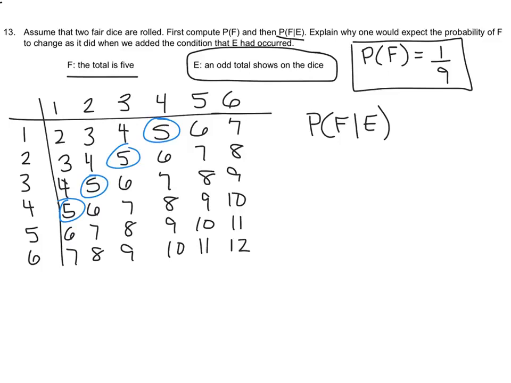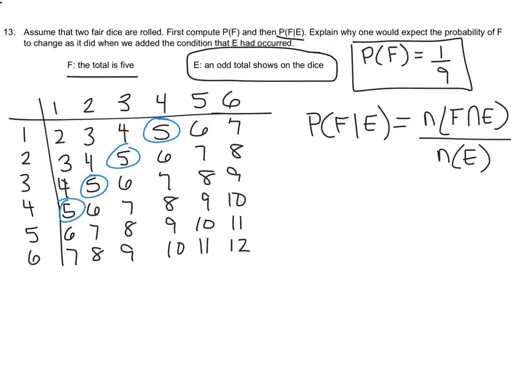The formula for a conditional probability of F given E is the number of times the intersection of the two events occur divided by the number of times the second event occurs, or E.